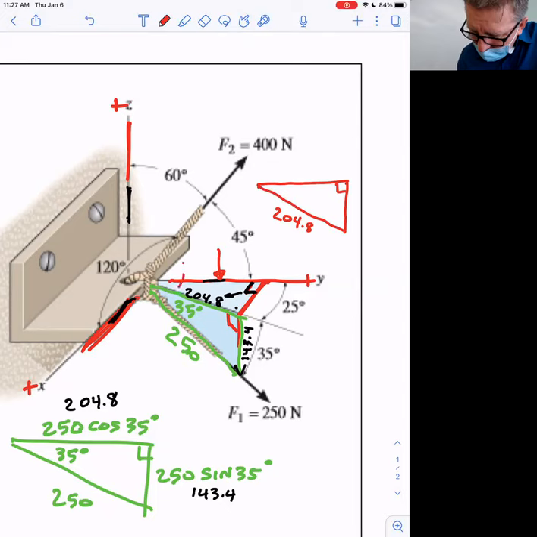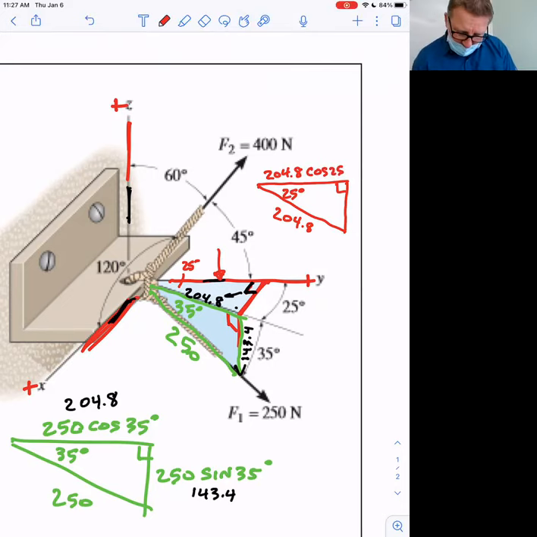And so that 25 degrees is that angle right there, so I can fill that in over here. And so what was actually one of the sides of the previous right triangle is now the hypotenuse of this right triangle. So now I can say the same thing I said before, which is, wouldn't this side here be 204.8 times the cosine of 25? And this one over here would be 204.8 times the sine.